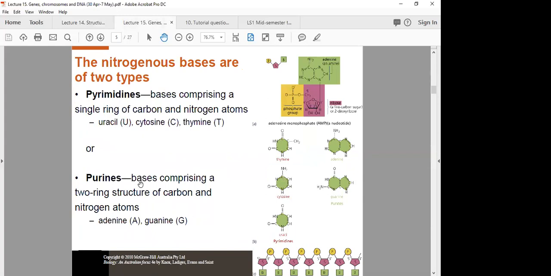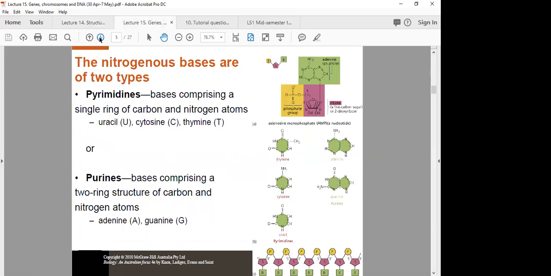We have 2 purine bases, or 2 purine nucleotides, called adenine A and guanine G. And these consist of 2 rings of carbon and nitrogen.